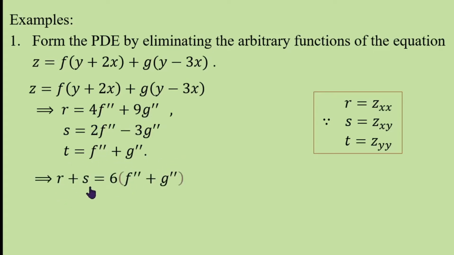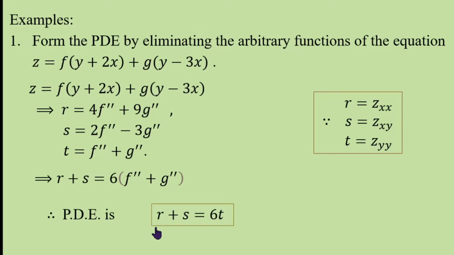Therefore, R plus S is 6 times of f double dash plus g double dash, and substitute f double dash plus g double dash value, that is t. And required PDE is R plus S equal to 6t.